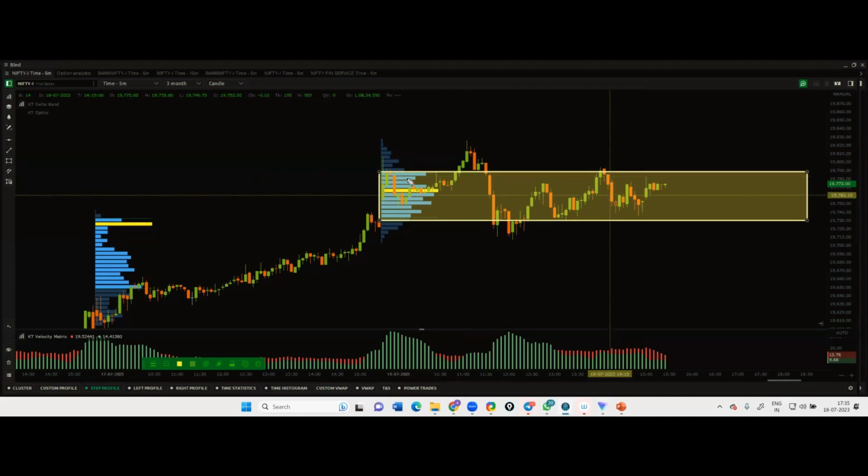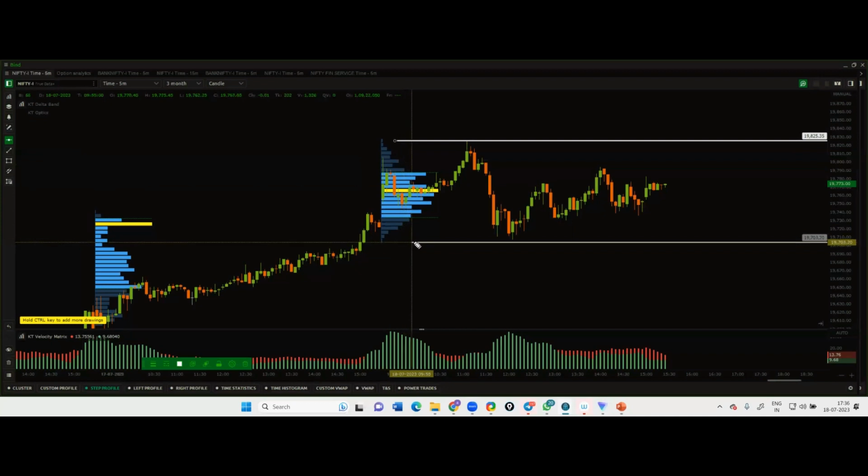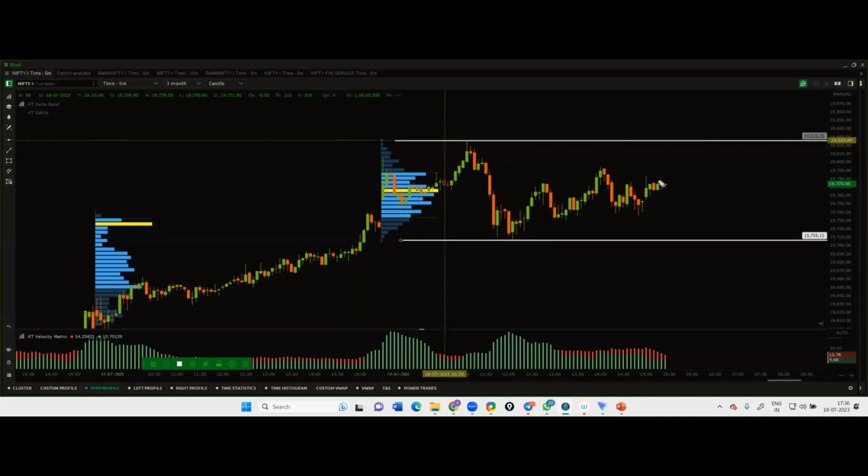When I see that such a profile structure occurs on a particular day, then as a rule of thumb, if you are a breakout trader or a breakdown trader, you should not be chasing breakouts or breakdowns until this period's high or low is accepted. That is, unless price trades above the previous day's high, or below the previous day's low.